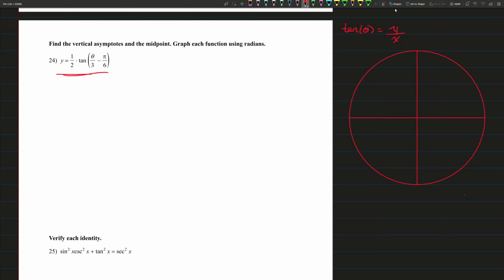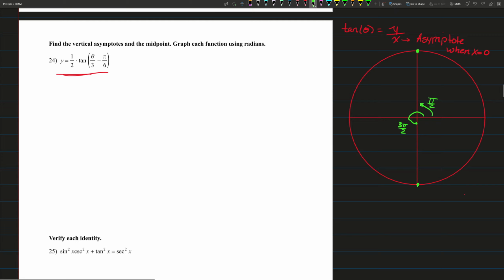So we're going to have asymptotes when x is 0. And theta is going to determine that, right? So x is going to be 0 at this point and at this point. And that angle is going to be pi over 2 and also 3 pi over 2.